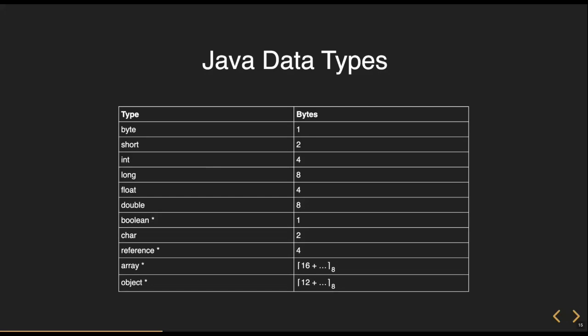The array works basically the same, but it has to keep track of the size of its contents in addition to that. So that's why you see there's a 16-byte header, which is just because it includes this size property. So these two structures are always padded to the next multiple of 8 bytes. We'll see exactly in some examples what that looks like.